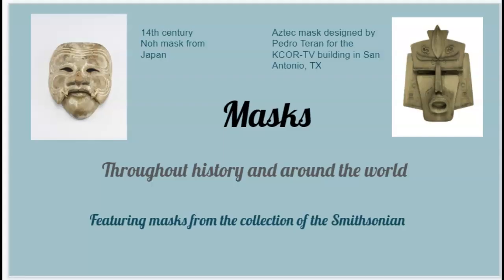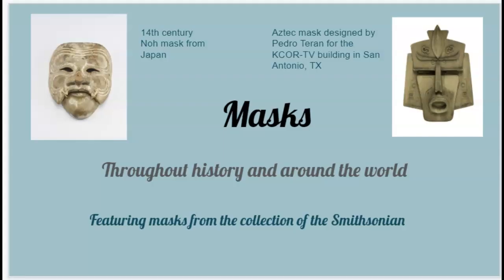On this first slide, I want you to take a look at the two masks up towards the top of the slide. The No mask is from Japan, and it was made for a particular kind of theater called No theater. The one on the right is an Aztec mask, and this mask was not worn by Aztec people.